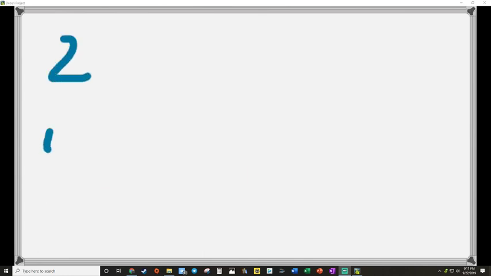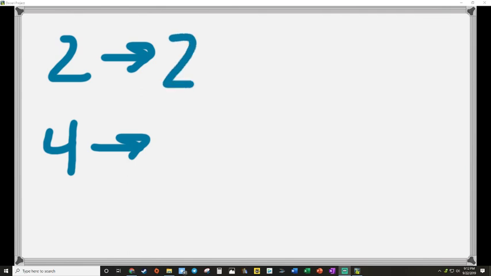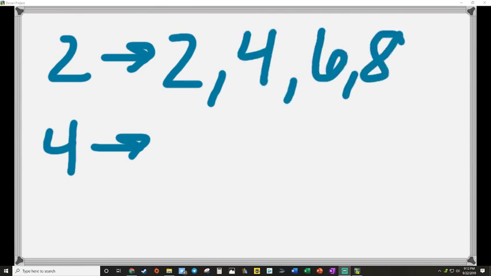One way to find a number is to go through what's called their multiples. A multiple is what you get every time you multiply 2 by a number, like 2 times 1. So 2 times 1 is 2. 2 times 2 is 4. 2 times 3 is 6. 2 times 4 is 8. 2 times 5 is 10.